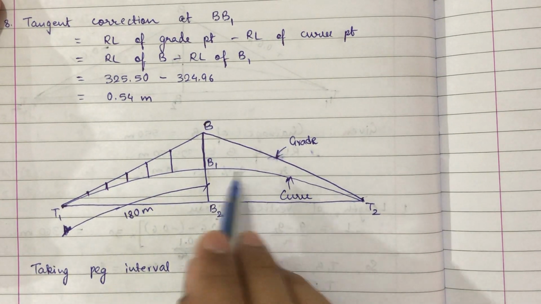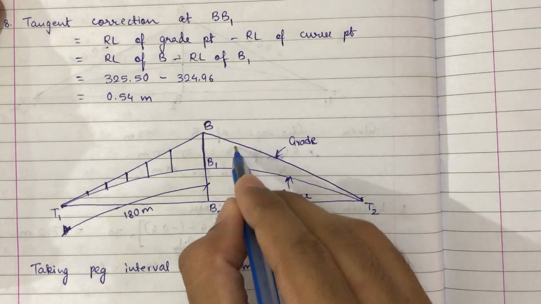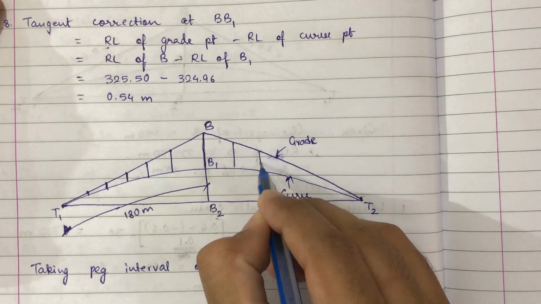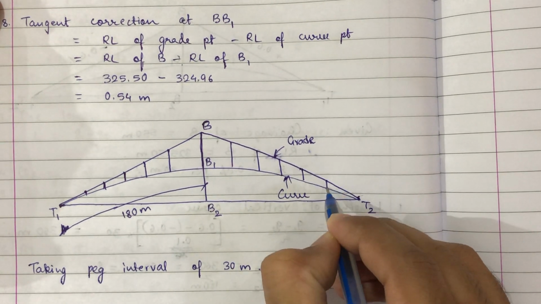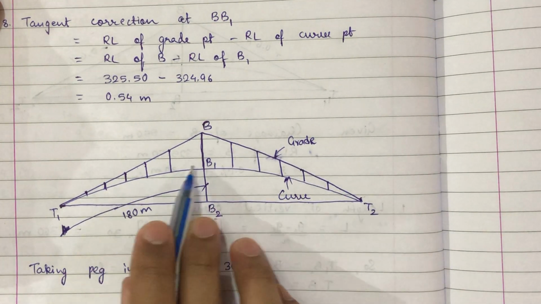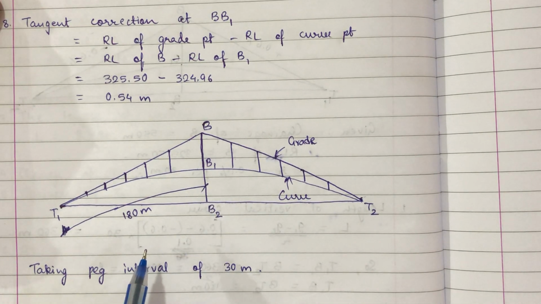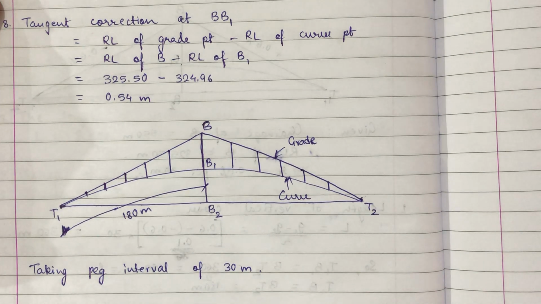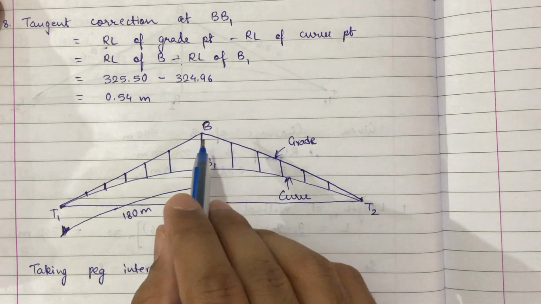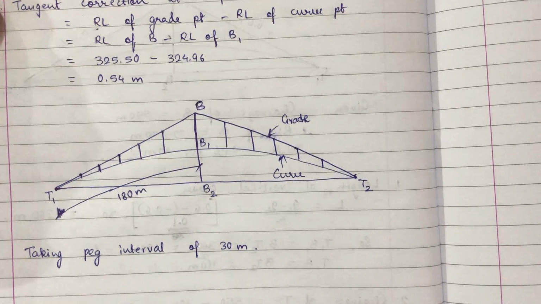So here also the divisions will be same only. If these divisions are taken, it will be same at both the ends. This is rising and this is falling: this is plus 0.6 and this is minus 0.6.